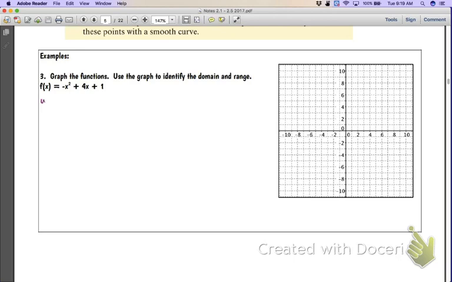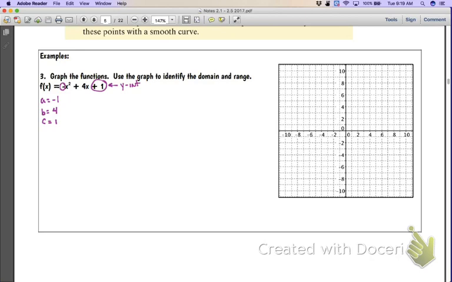So with quadratic formula, I have A, I have B, and I have C. A is -1 because it's the value in front of x squared. B is 4, and C is 1. Now I'll give you a little hint. Whatever your C value is, the constant on the back end of ax squared plus bx plus c, that is your y-intercept.